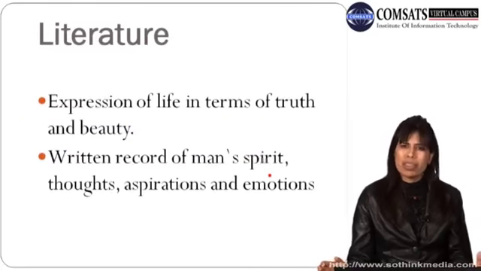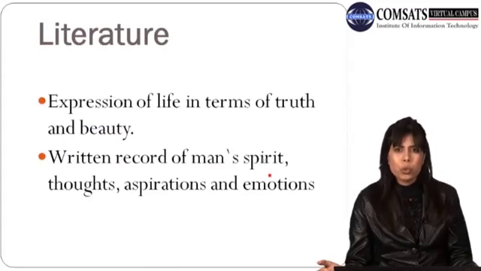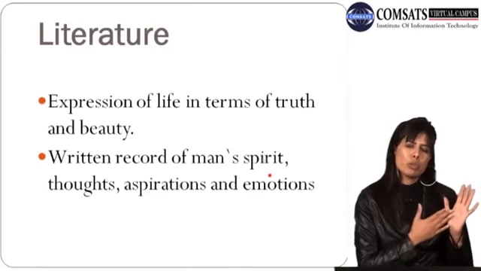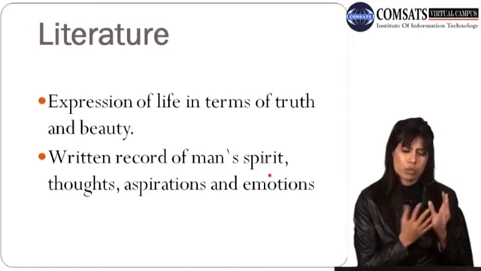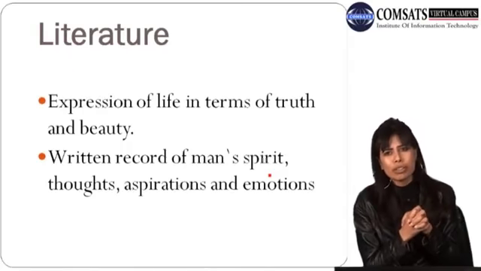So what is literature? That is the expression of life in terms of truth and beauty. So my dear students, after what basically literature is, we'll move towards the history of English literature. Literature basically is the expression of life.